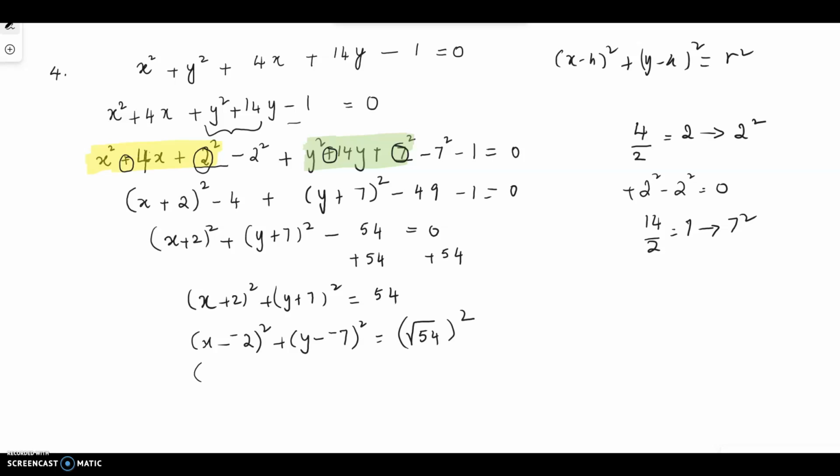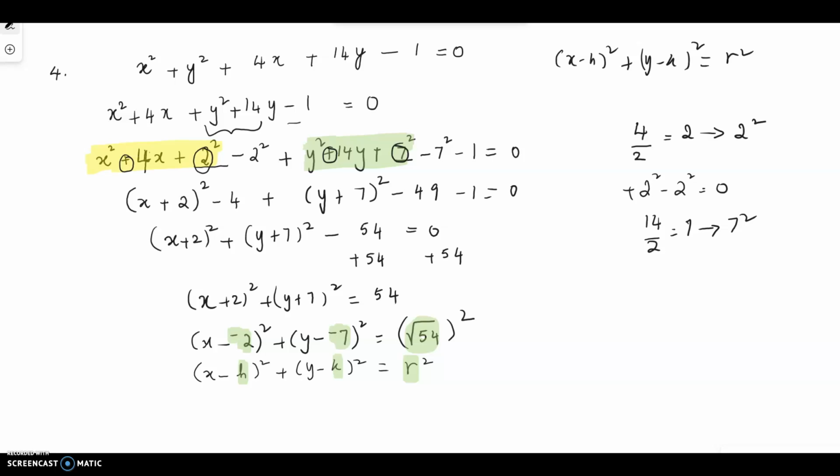Because we want to match the equation with this pattern, (x minus h) squared plus (y minus k) squared equals r squared. Once we bring it exactly to that form, we know that negative 2 is h because everything else matches, including the signs. Negative 7 equals k and radical 54 equals r.